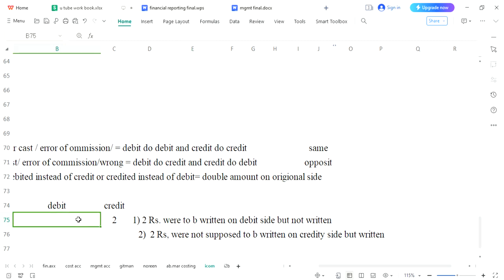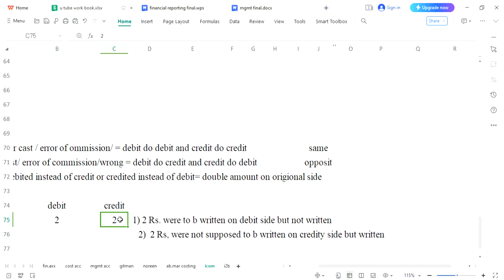And second mistake, instead of writing that amount on the debit side, you have posted that amount to the opposite credit side. So there are two mistakes, and how will you rectify these two mistakes? First step, you were supposed to write it on the debit side and you haven't written, so you are reminded: write it down on the debit side.